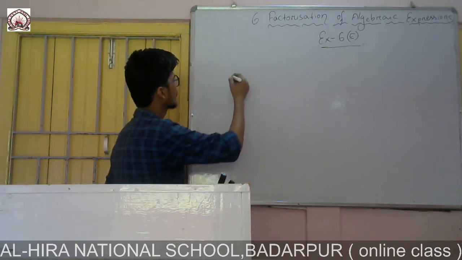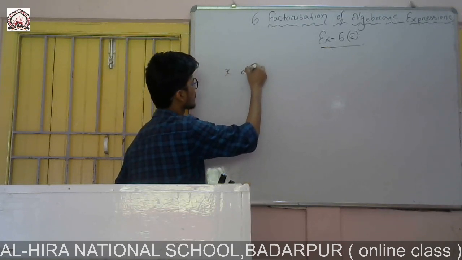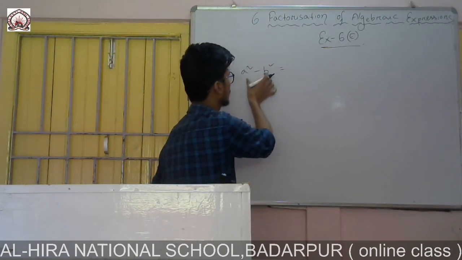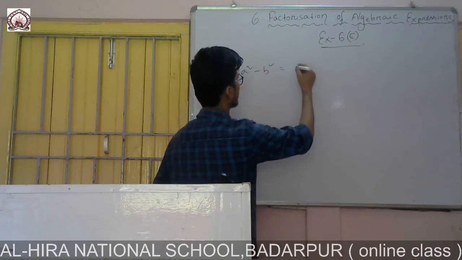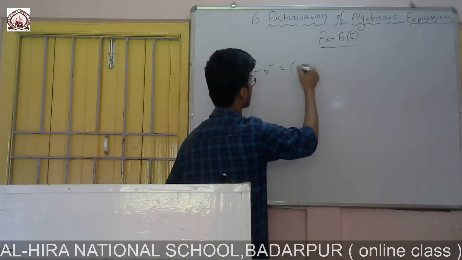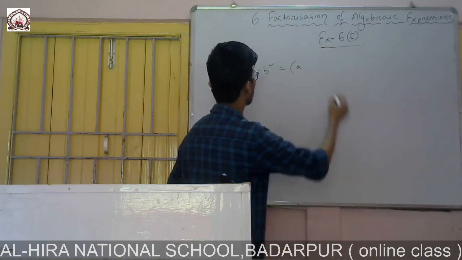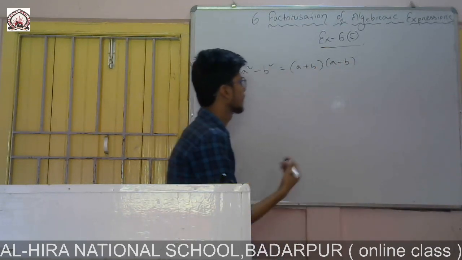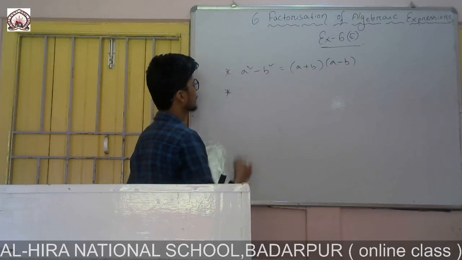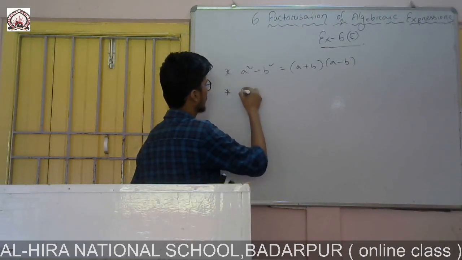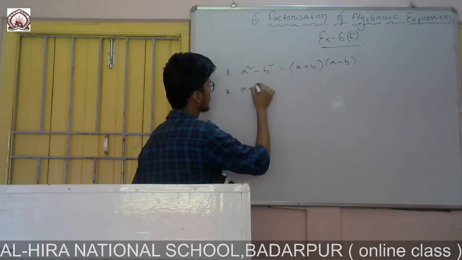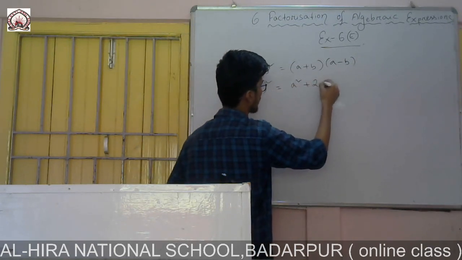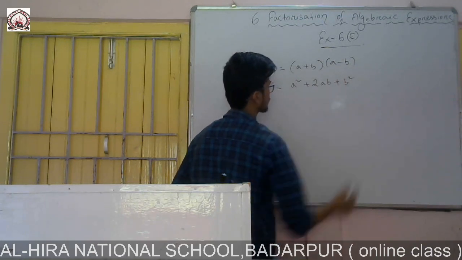First one will be a square minus b square. In our earlier chapter we used this formula to solve some algebraic expressions. It will be a plus b and a minus b. Another one is a plus b whole square, which we know is a square plus twice ab plus b square.